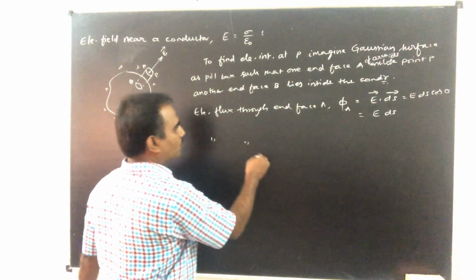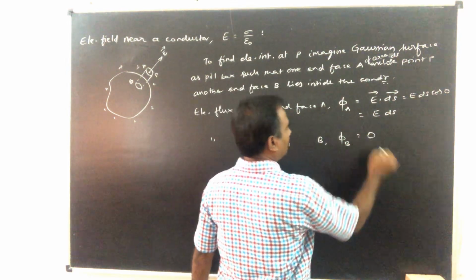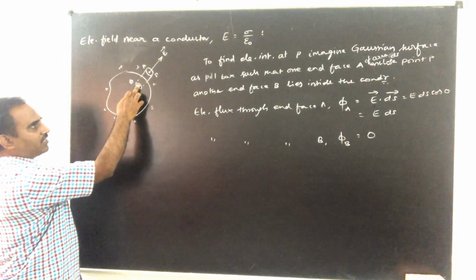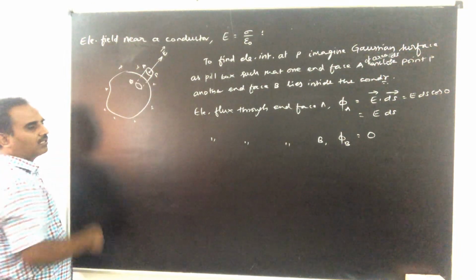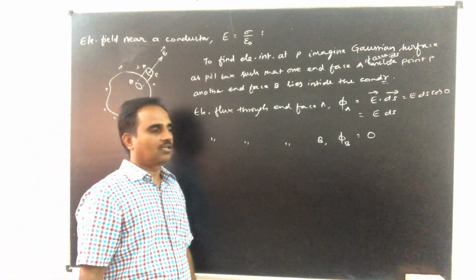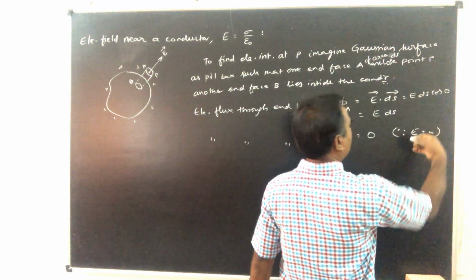Similarly, electric flux through end face B, phi B, is 0 because this end face B is inside the charged conductor, and as there is no electric field inside a charged conductor, there will be no flux. Since E is equal to 0.